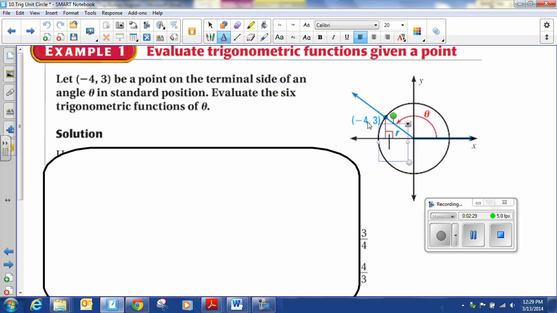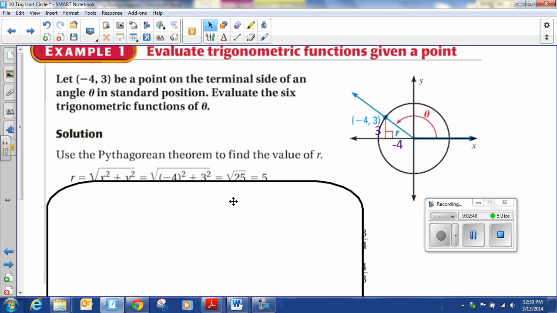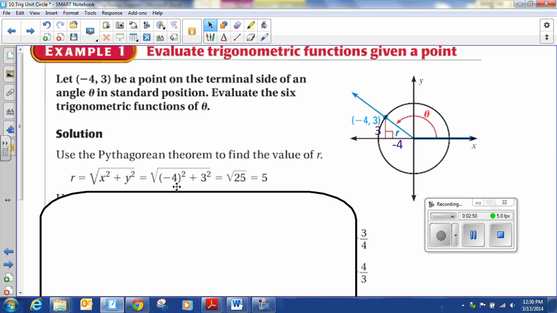Because the x value is -4, this leg is -4. Because the y value is 3, this leg is 3. Some of you may recognize that this is a 3, 4, 5 triangle. For those that don't, you want to plug in the Pythagorean theorem, and as you can see, -4 squared is 16, plus 3 squared is 9, and the square root of 25 is 5.